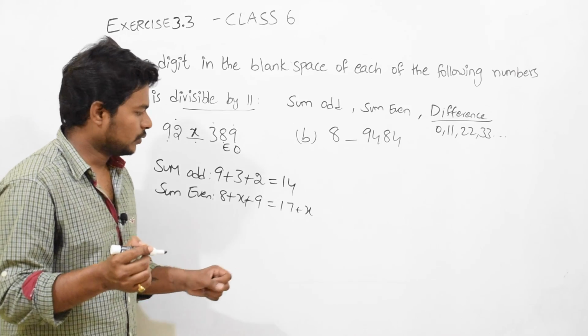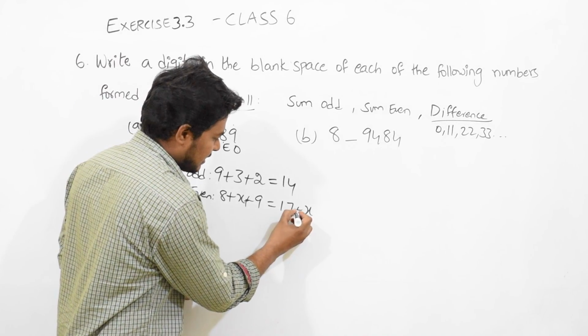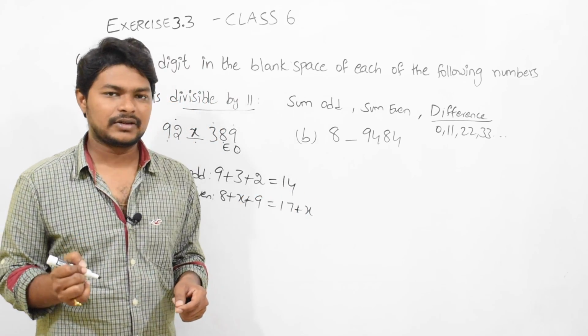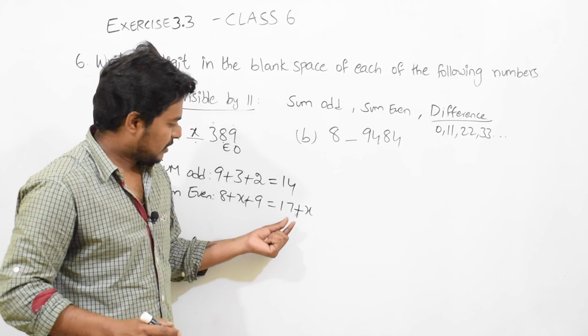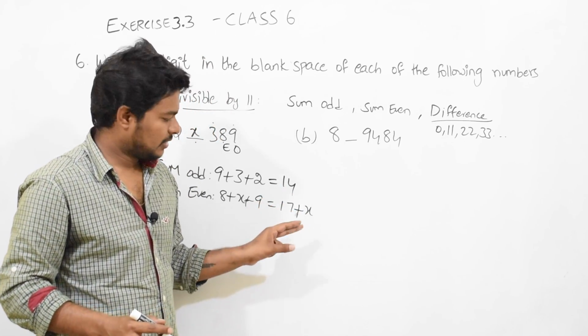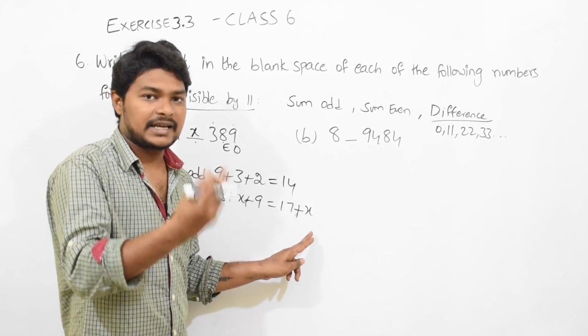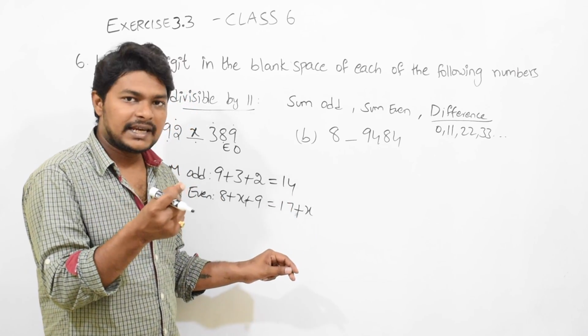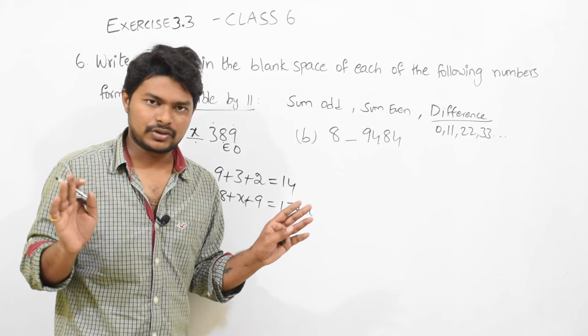Now you just see here. The magic begins. This is 17 plus x. Check whether these two numbers are equal. Here 14 is a small number, and here 17 plus x is there. In any case, the sum of even is not equal to the sum of odd. That is for sure, right?